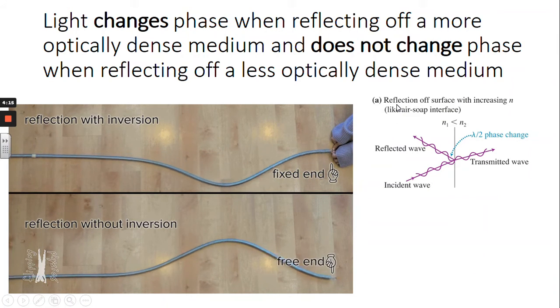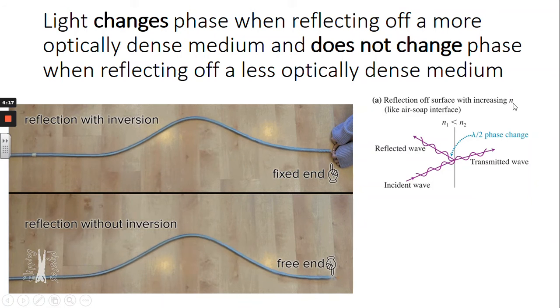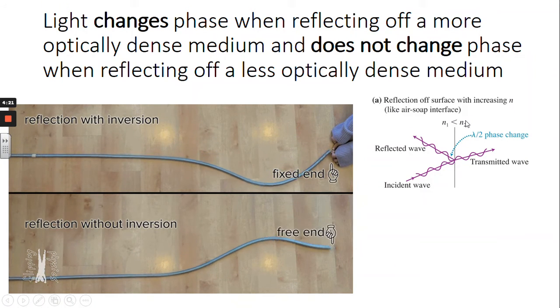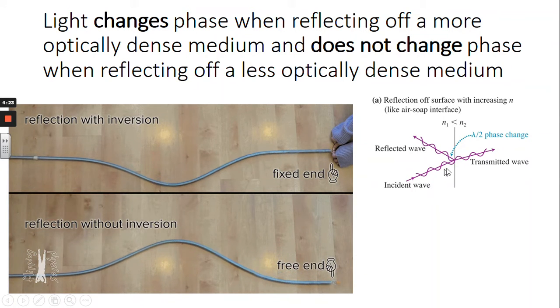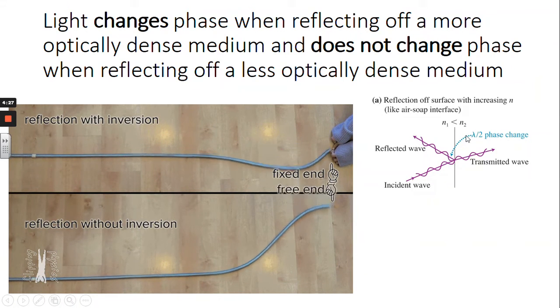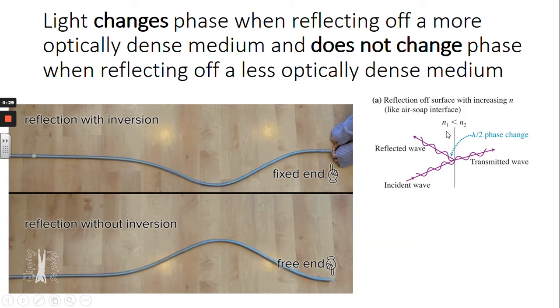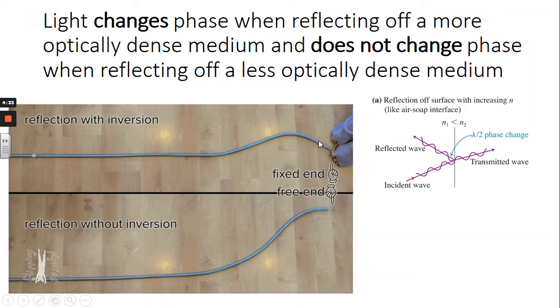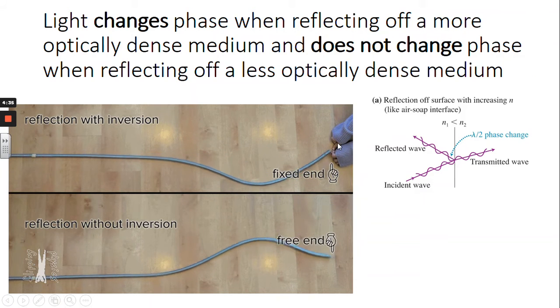This is the reflection off of a surface with increasing index of refraction, like the air-soap interface for a soap bubble. Your incident wave is coming in, it bounces off, and there is a lambda over 2 phase change, much like the phase change that happens to this wave when it hits a fixed end.